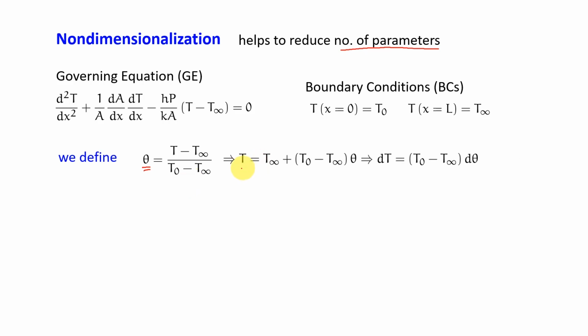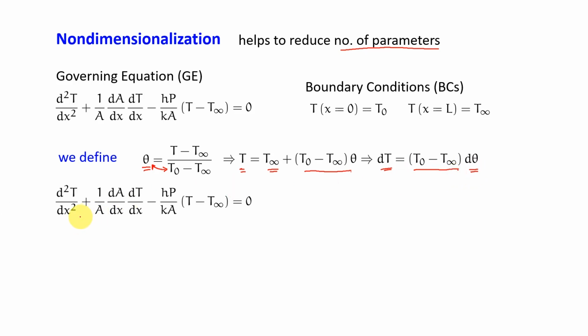So from this equation, I can write T equals T infinity plus T naught minus T infinity multiplied by theta. And then all this dT will come as T naught minus T infinity, which is a constant, multiplied by d theta.